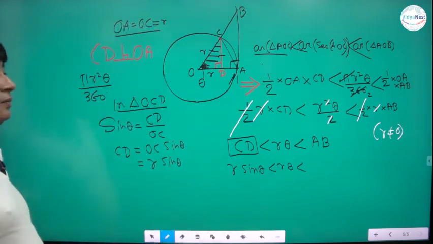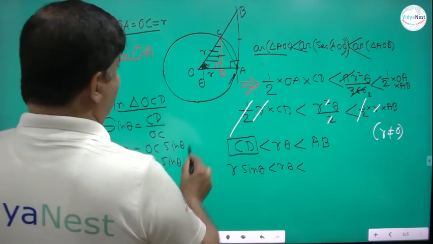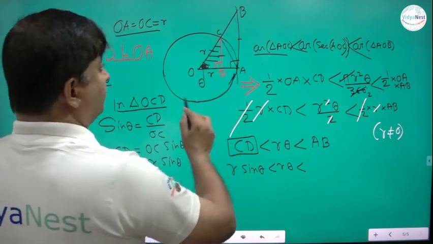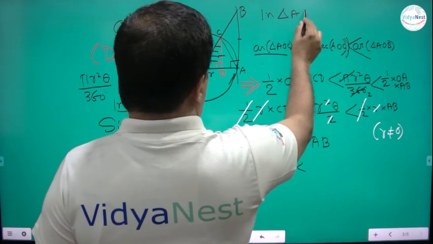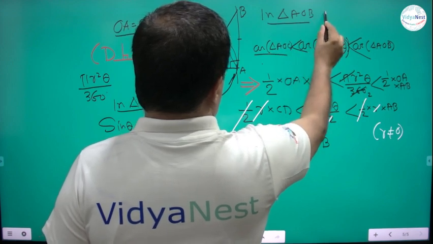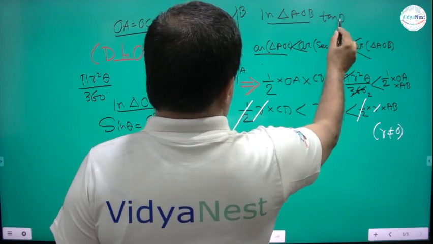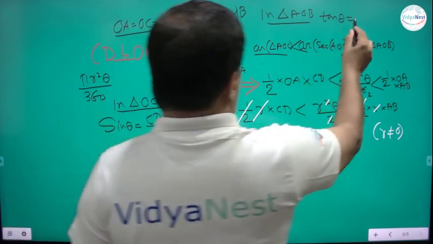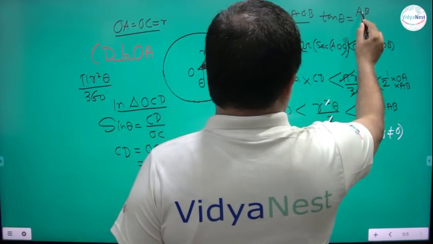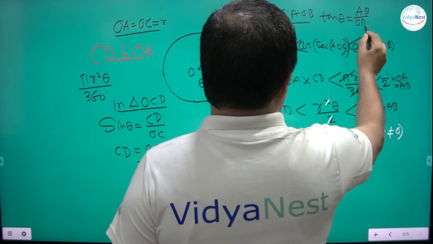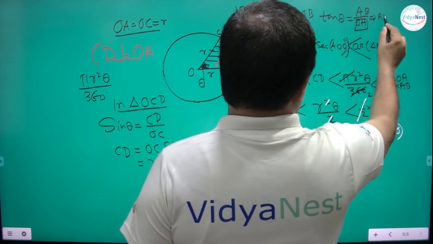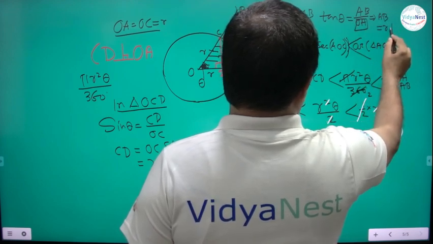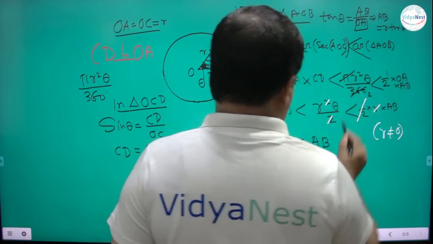Okay? And instead of AB, see AB is involved in which triangle? See, in triangle AOB, tan theta is AB by OA. So OA is what? R. So I can write AB as R tan theta.